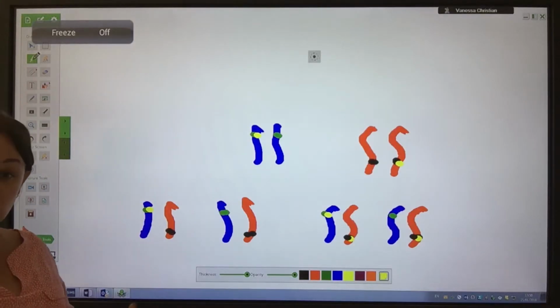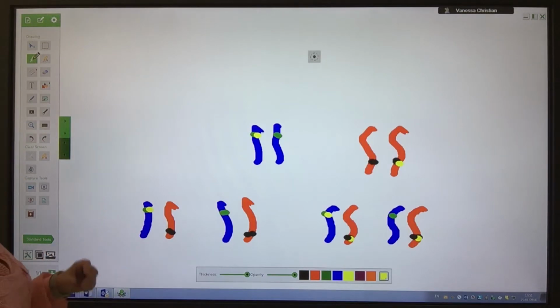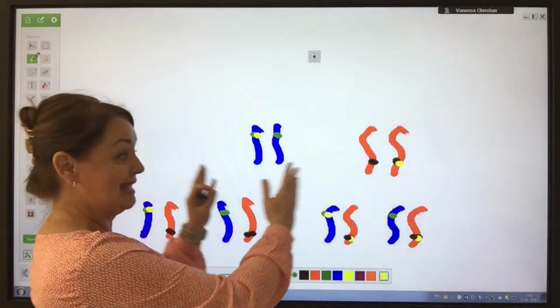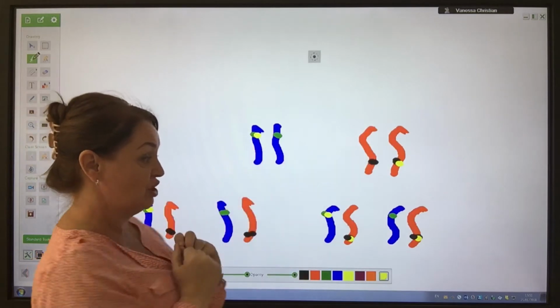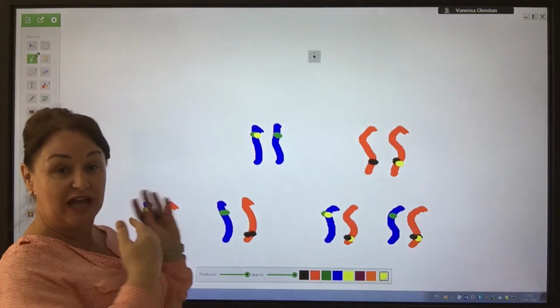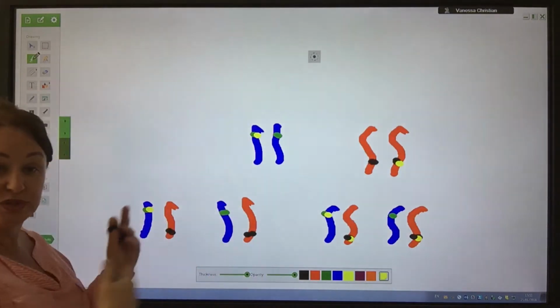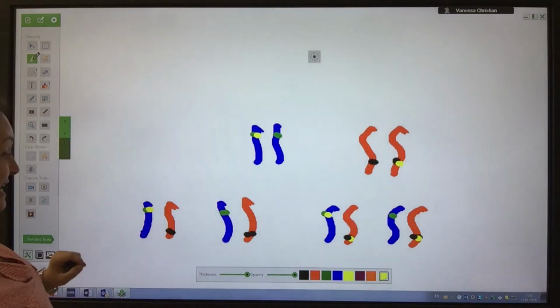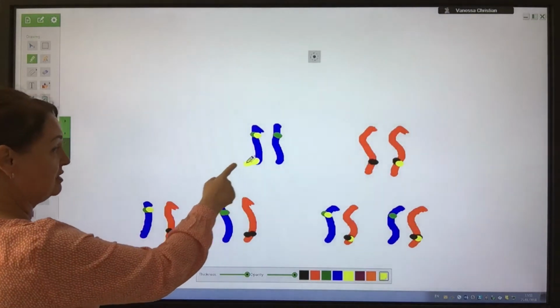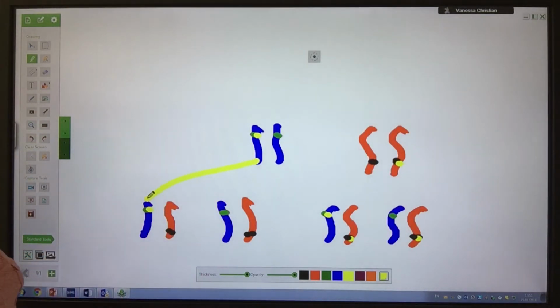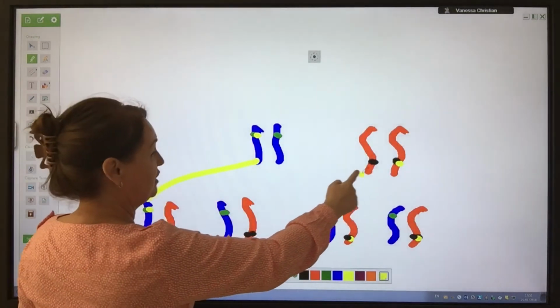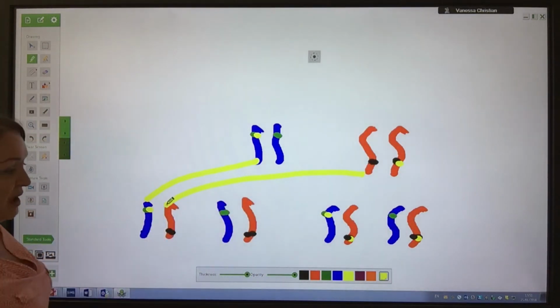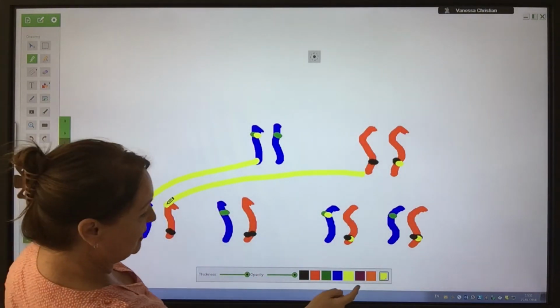Just to remind us, the law of independent assortment means that if these were making gametes, you've got your 2 chromosomes, and of course we know that in a gamete you would have half the number of chromosomes and you would have 1 of each homologous pair. And so what we're saying is that this one can go here and it could join with this one. Okay, I'll change colour just because we can.